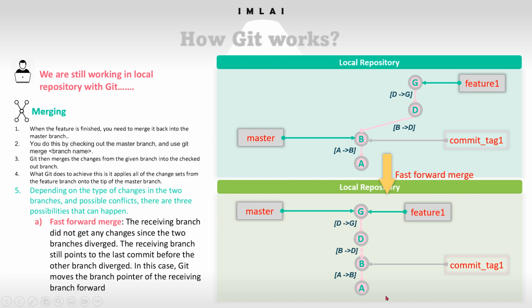As the receiving branch does not have any new commits, it is fast forwarding, and the feature 1 branch is putting its commits there. In our previous example, we saw that a new commit was created altogether, but here they are not going to create a new commit. Whatever commits the feature 1 branch has, it will just bring and place in the master branch. That is what we call a fast forward merge.